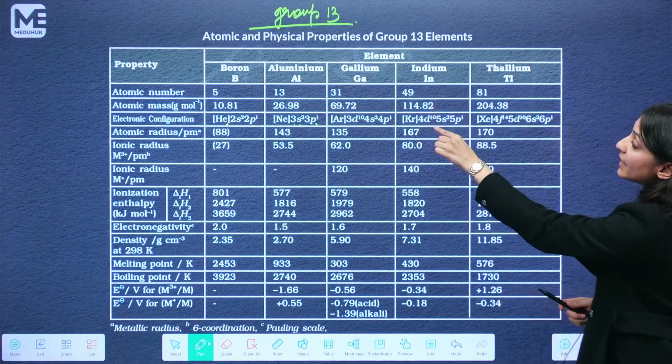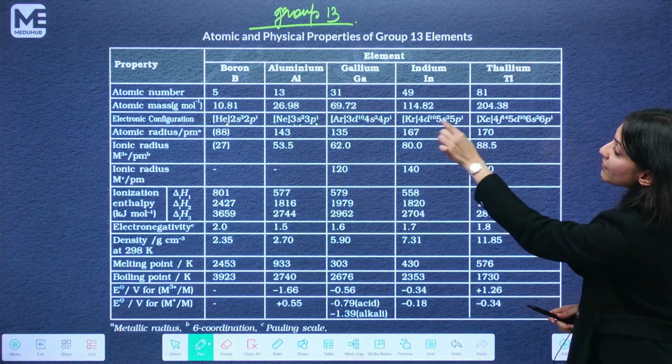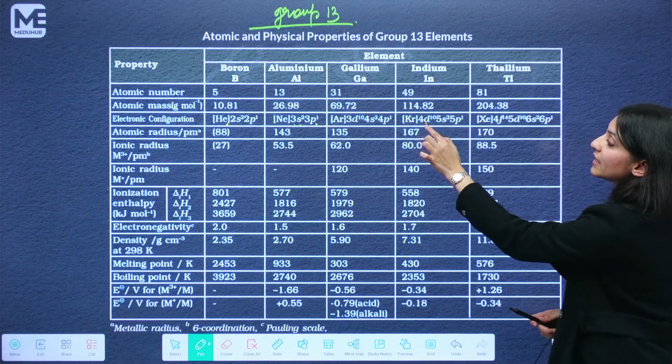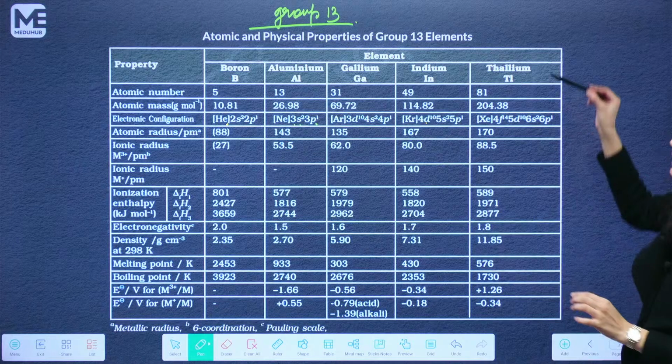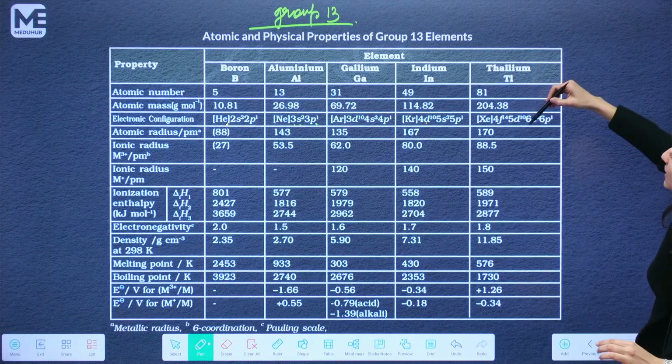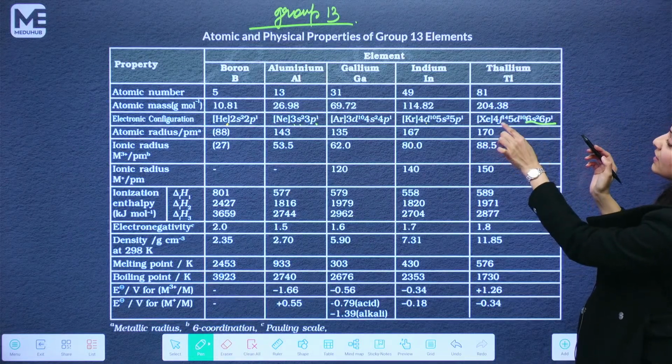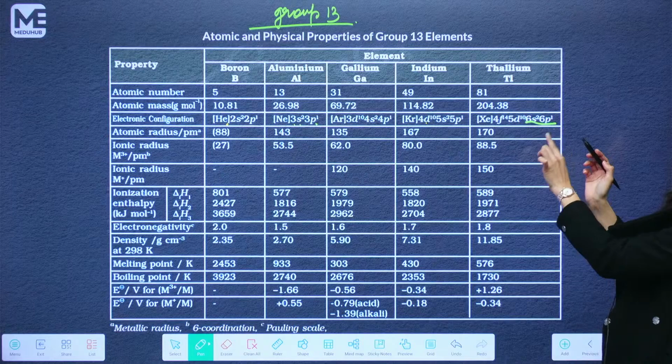In the case of indium you will see before 5s and 5p there is a full complete 4d shell of 10 electrons, 4d10. And in the case of thallium you will see 6s2 6p1 is the valence shell configuration, but before that there is 4f14 5d10.